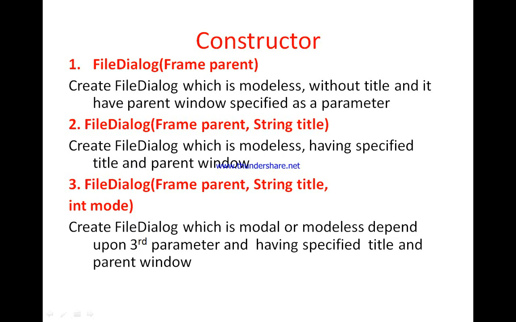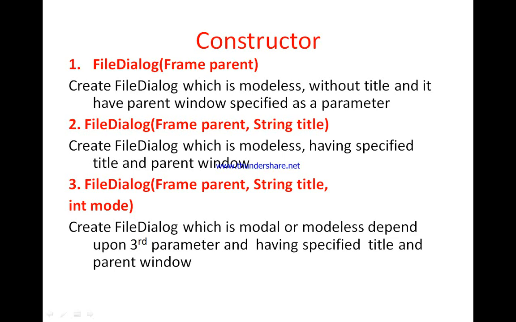Now the second constructor is FileDialog having two parameters. The first parameter is the parent window, and the second parameter is a title that will appear in the title bar. And the third FileDialog constructor has the same parameters as the second constructor, with an additional parameter, int mode. The first parameter is the parent window object, that is the frame.